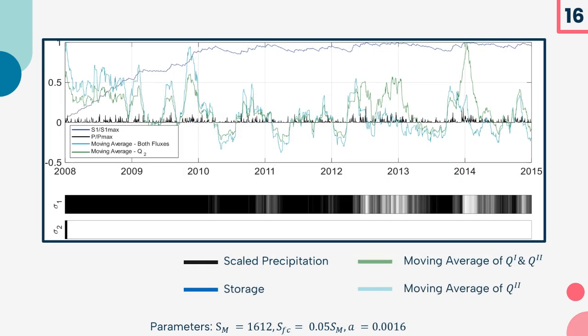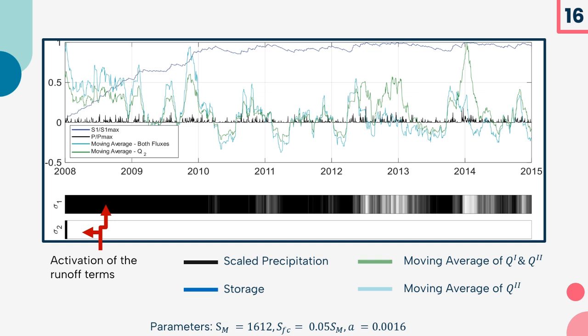So we're now going to look at the actual solutions from this differential equation. In blue, we have your storage. You have the activation of your runoff terms, where black represents 0, it's turned off, and white is 1, it's turned on. In light blue, we have the right-hand side of your differential equation, so it's precipitation minus the two runoff terms.